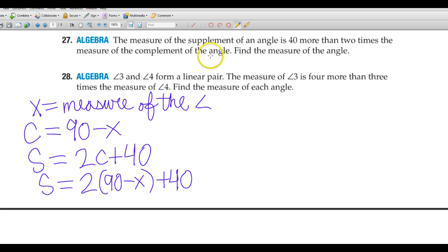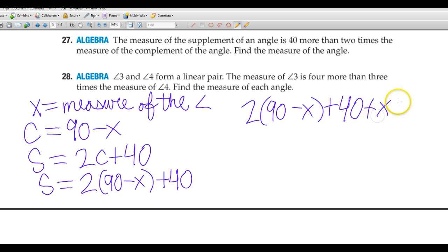So I know that supplementary angles add up to 180. So the supplement plus the angle itself has to equal 180. So distribute.